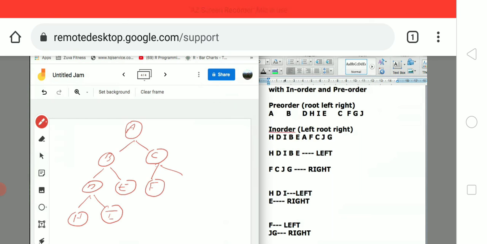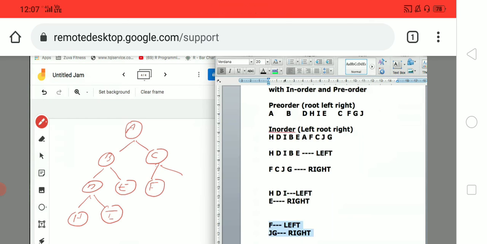Now we have to check J and G. Now compare it to G and J. Here G is the first element, that means G will become the parent node, but we have to give it on the right side only because J and G belong to the right side only.